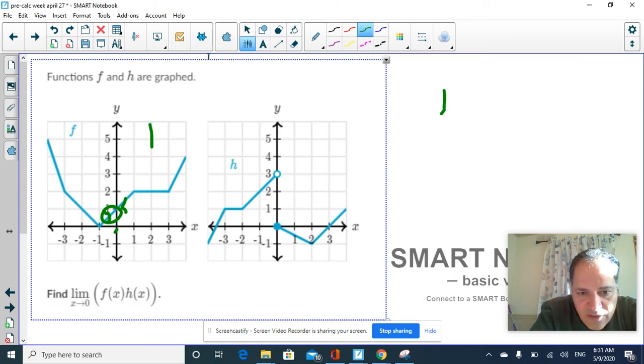And for g of x as x approaches 0, from left and right it's different, so the product will be different, so the limit doesn't exist. From left it will be 3, from right it will be 0. When we multiply, from left it's 1 times 3 is 3, from right 1 times 0 is 0, so it's different, so the limit doesn't exist.